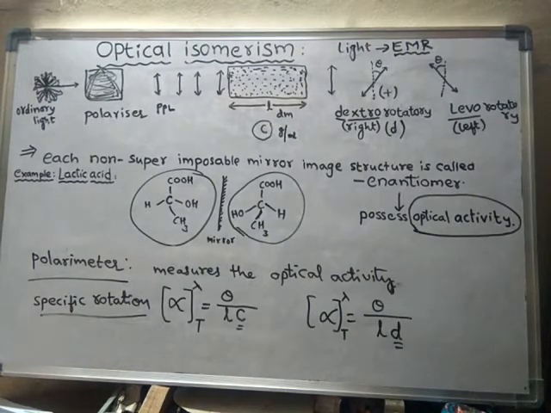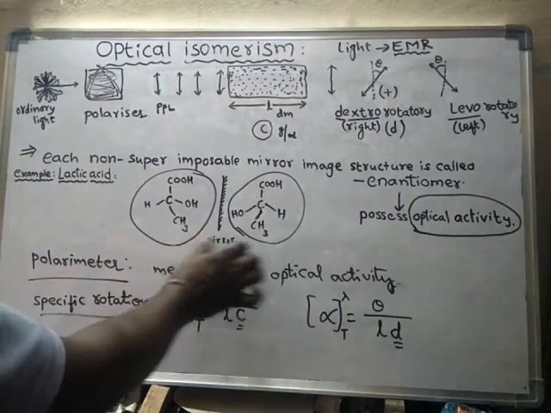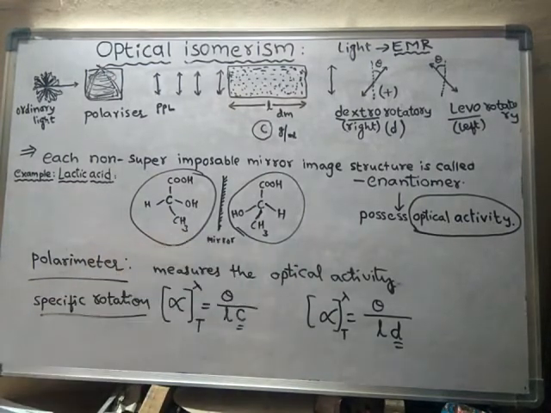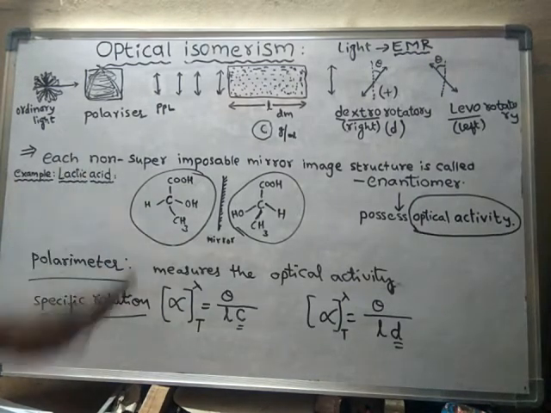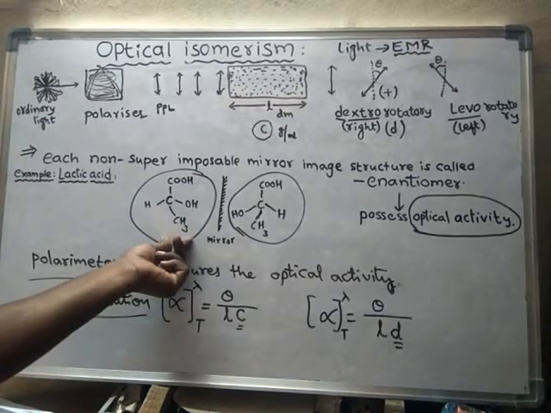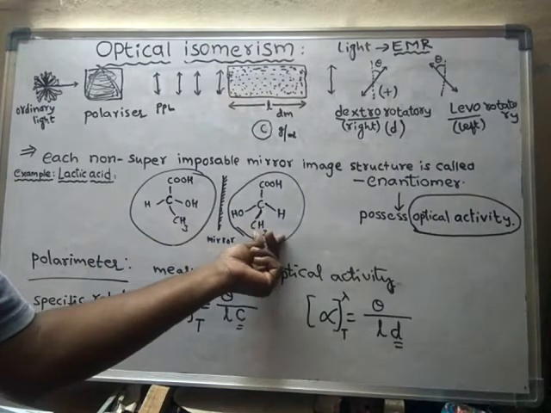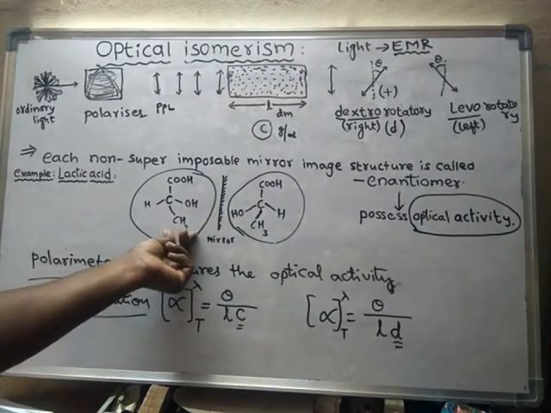If a compound is non-superimposable on its mirror image, then it is said to be optically active. If you take any compound and it is non-superimposable on its mirror image, then that compound is optically active.